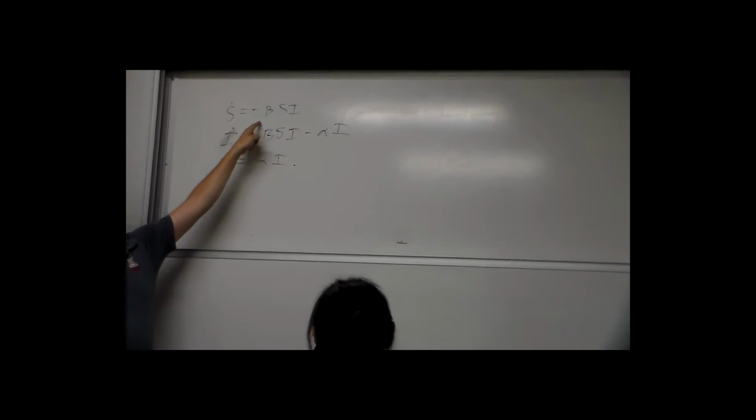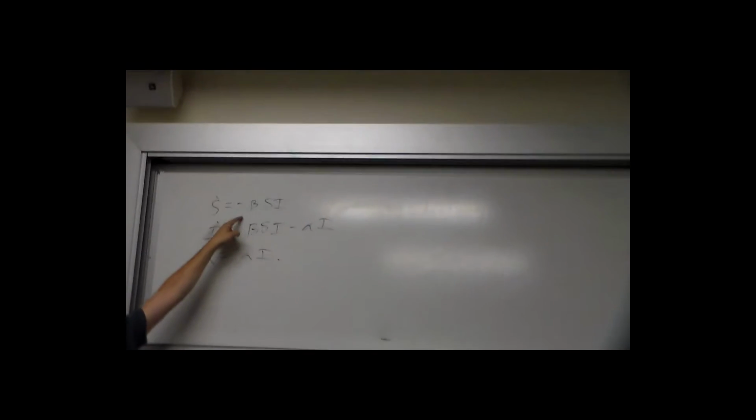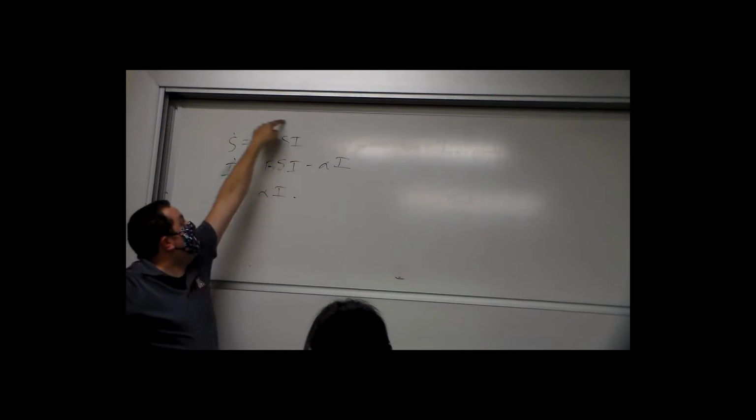If I see a model like this, what's it telling me? What is this term modeling? It's not like an infection rate. Infection rate is the term beta. So this is just the infection process.